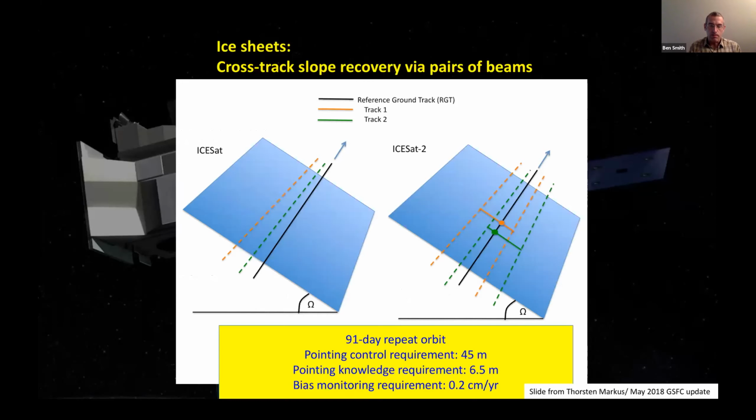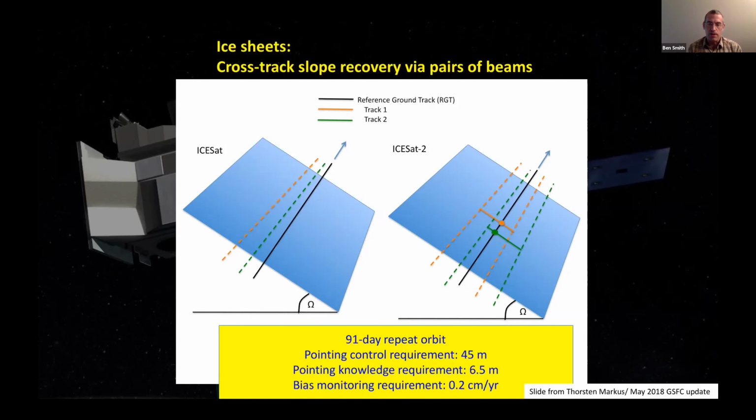This is a picture of the scheme that we had in mind when we designed ICESat-2 for doing repeat track differencing. ICESat-1 just made repeat measurements of the same track, but it did it only with a single beam. So if you wanted to figure out the difference in height between two passes for a particular spot on the surface, you had to contend with the fact that you didn't necessarily know the surface slope.